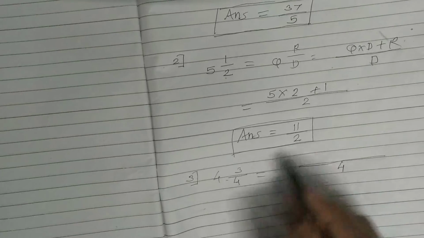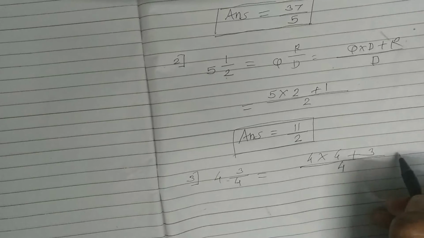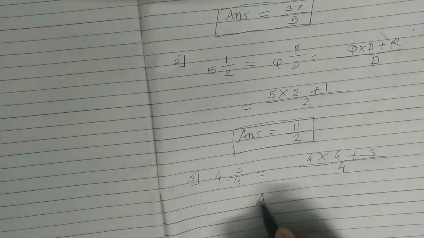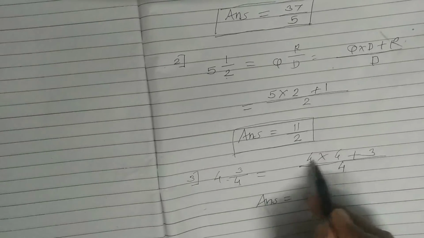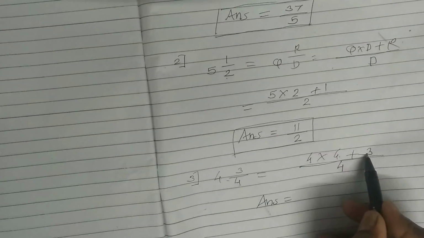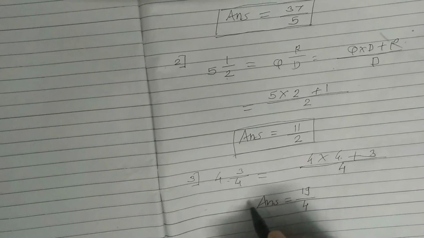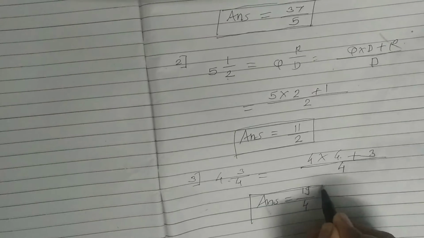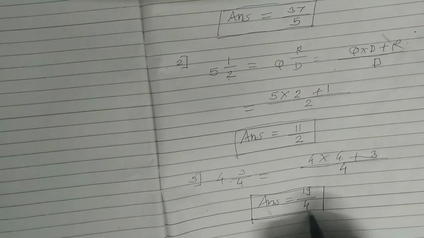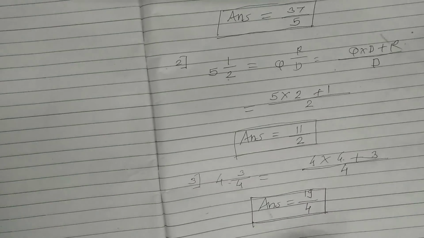This 4 multiplied by 4 and plus upside, that is 3. So your answer will be 4 4s are, yes, 16. 16 plus 3, 19. 19/4. So this way your answers will be there and you complete them in your notebook.